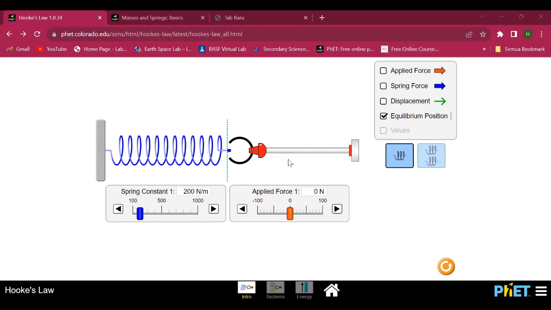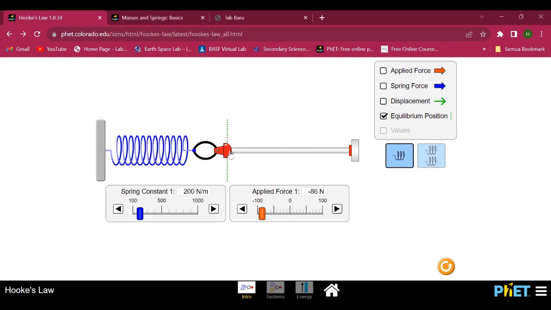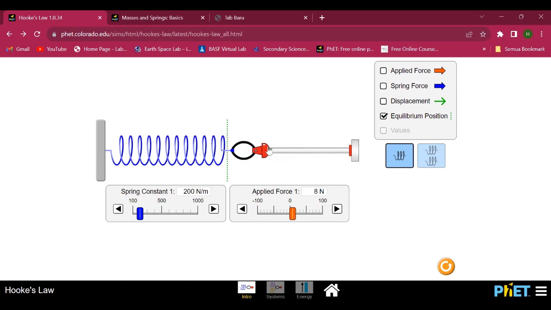Okay, now on a spring. You can push or pull the spring, but it has the normal position, or the equilibrium position.